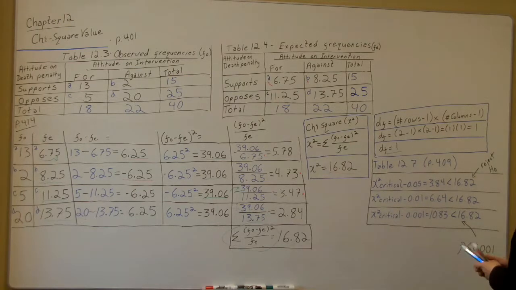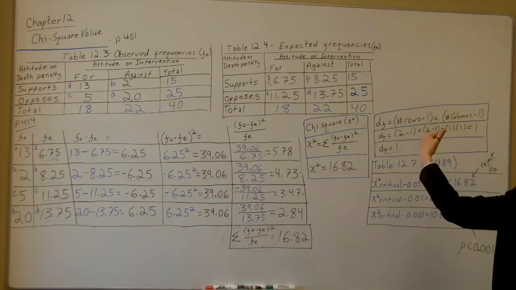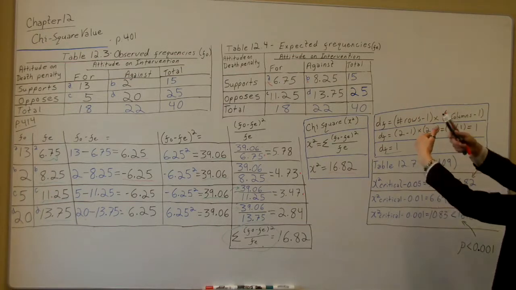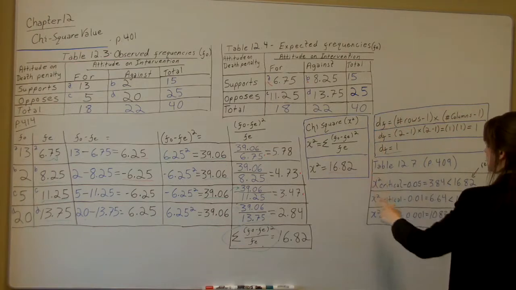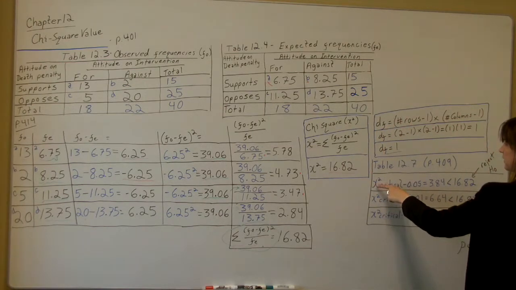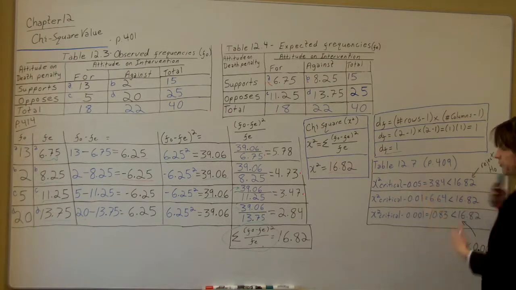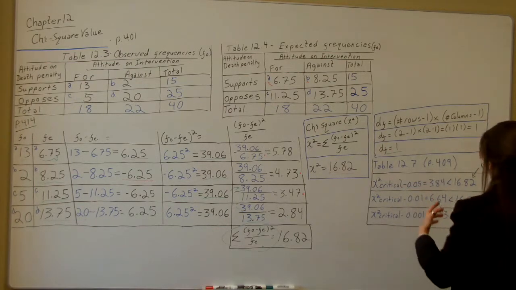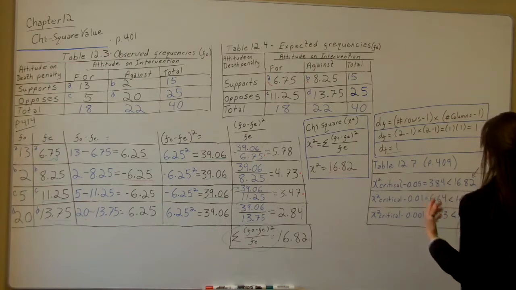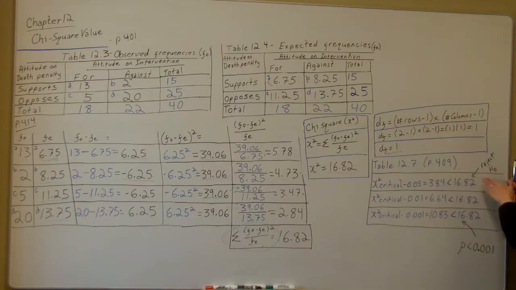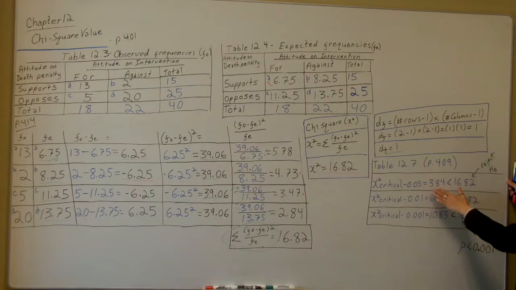So look in your book, table 12.7, page 409. Go down to your degrees of freedom, then work your way across to the chi-square critical value at 0.05. Remember, in the behavioral health and counseling field, we reject the null hypothesis at the 0.05 level.